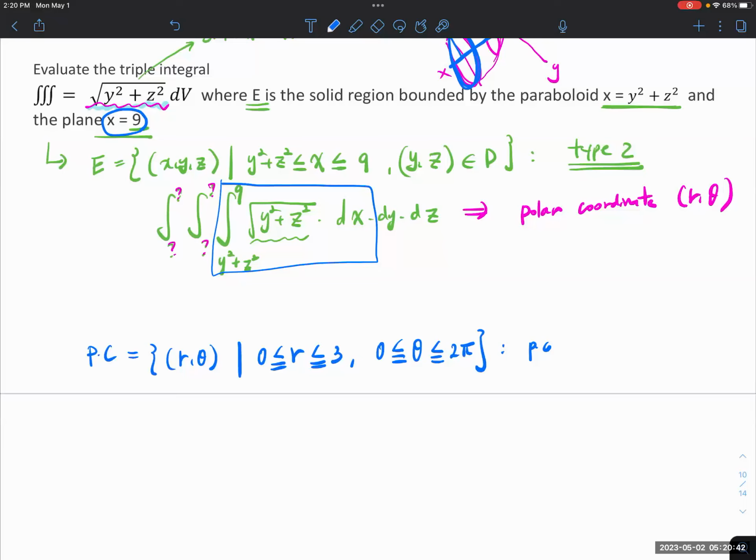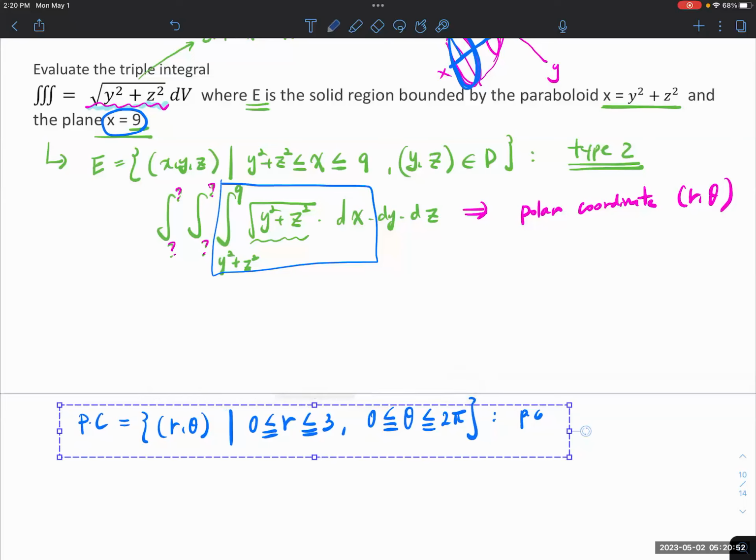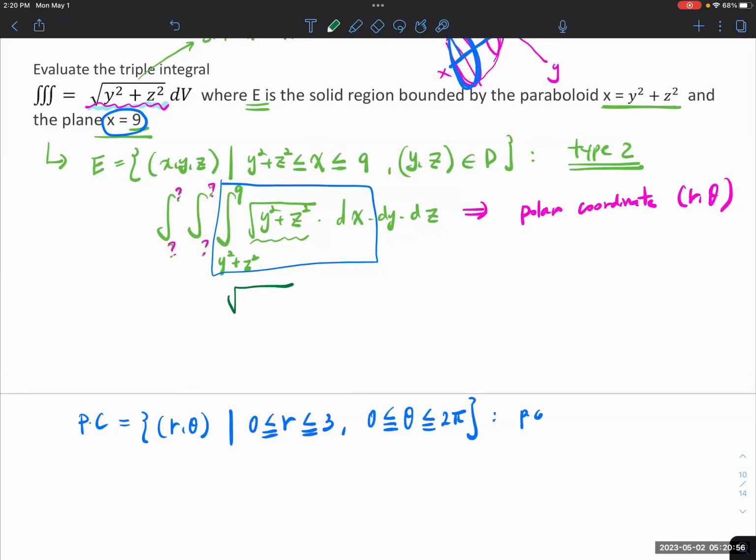The radical of y squared plus z squared is a constant, so we take the integral with respect to x, from y squared plus z squared to 9.